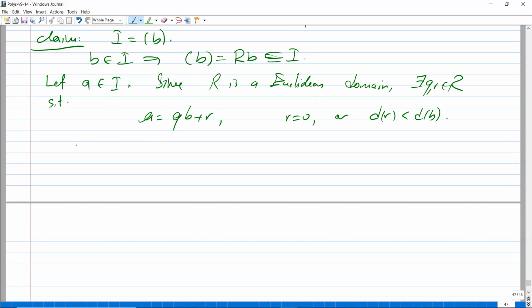Now A is in I, B is in I, so that R is equal to A minus Q times B, which is in I.